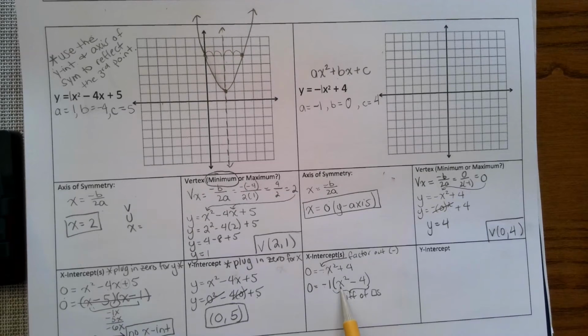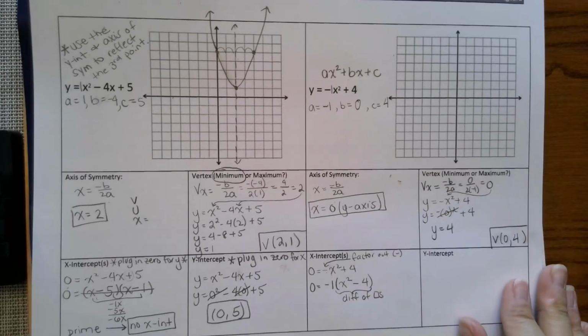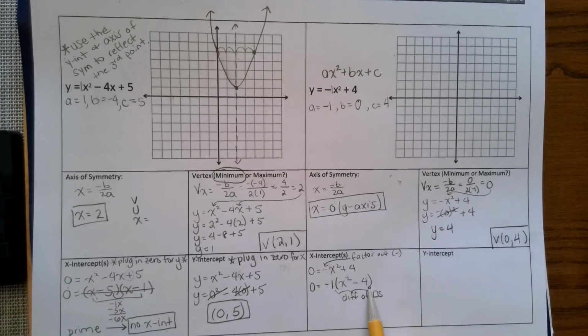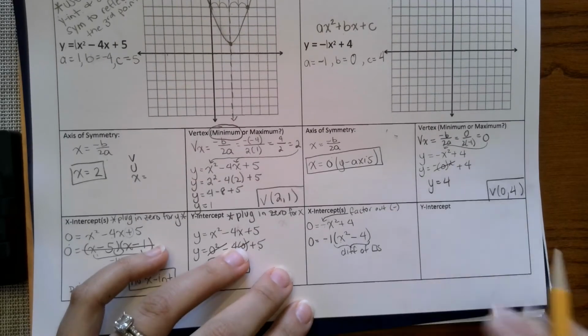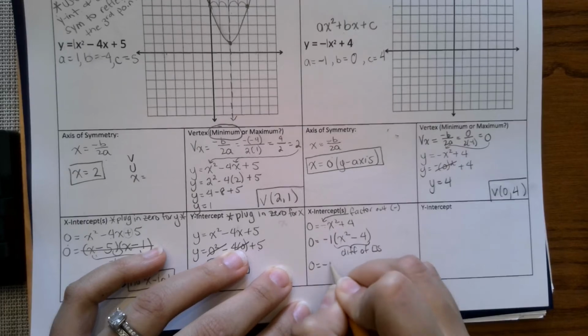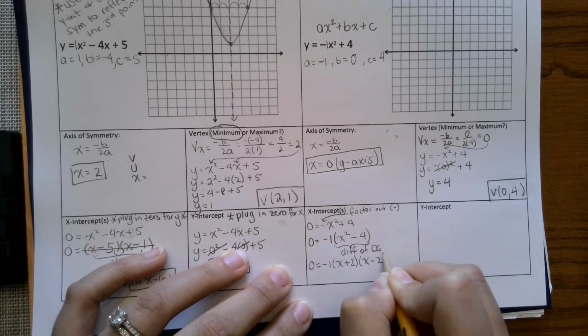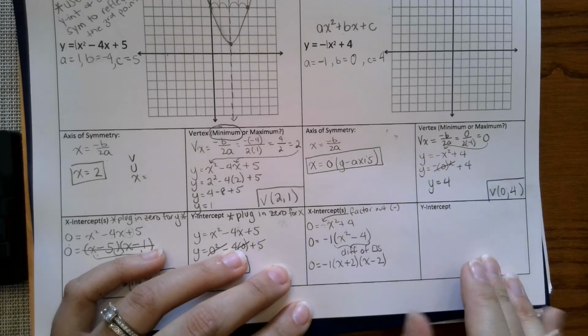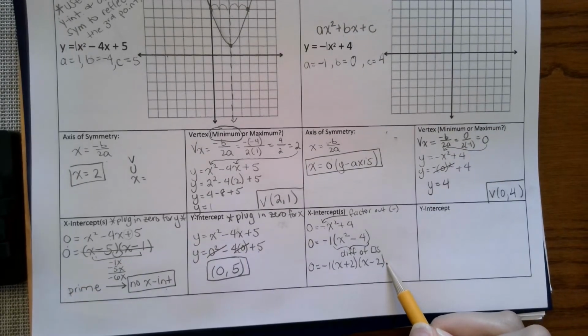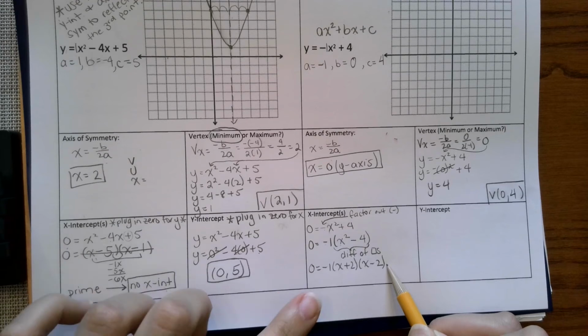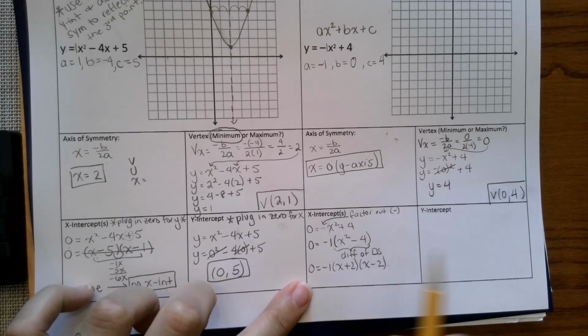Difference of squares is when you have a perfect square minus another perfect square. So we can factor this into the quantity x plus 2 and the quantity x minus 2. This is what makes this parabola a little bit special, this special case polynomial.